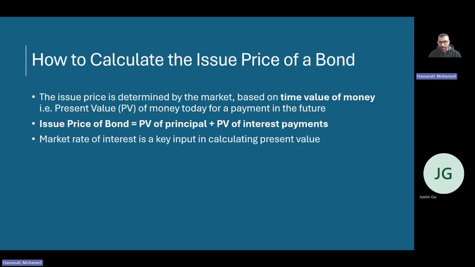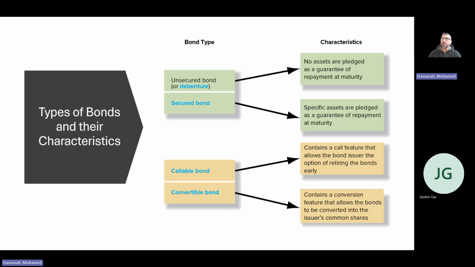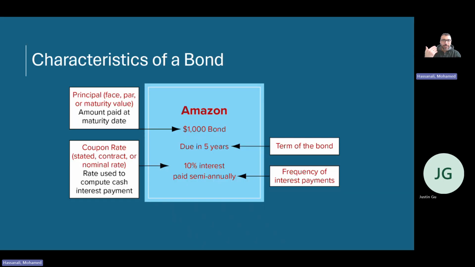price of a bond? Now, intuitively, you would think, okay, go back here, I've issued a $1,000 bond on the face, and the investor is going to pay me $1,000. And then over time, I'm going to give them a certain level of interest.